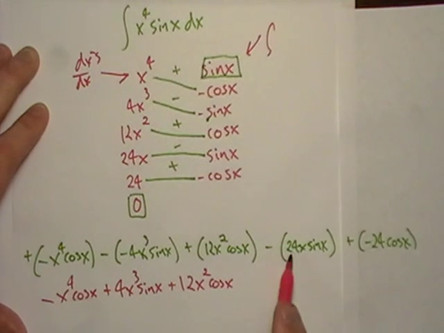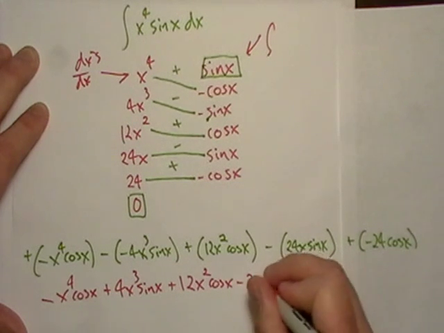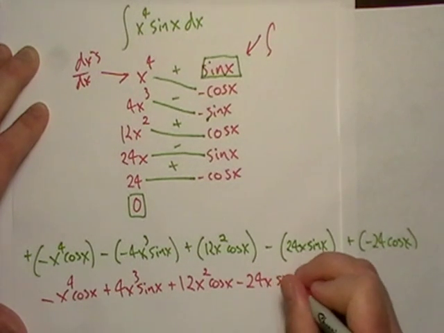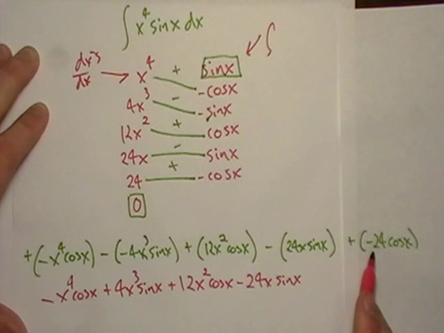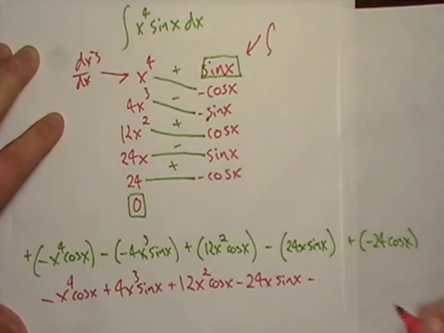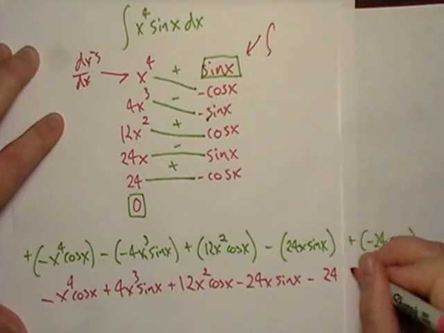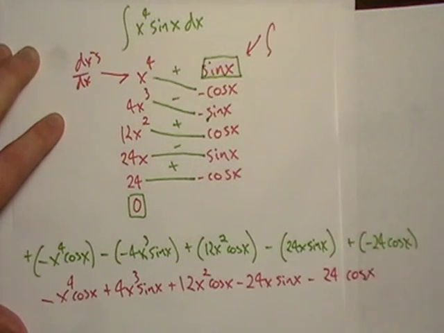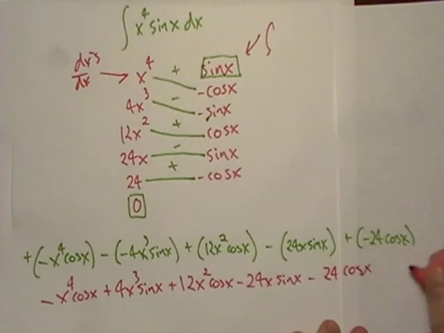Cosine x, and that goes negative. And looks like this goes negative as well. Okay. Don't forget to tack on the plus c.